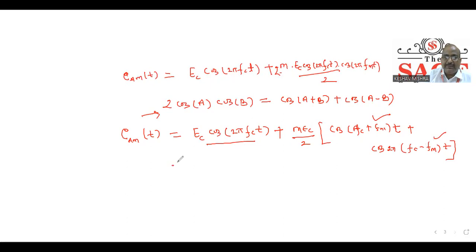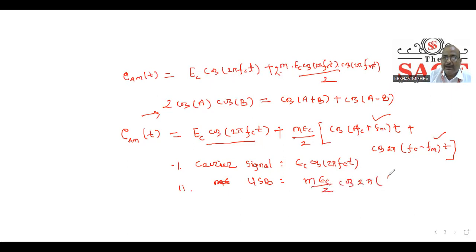The upper sideband is m Ec by 2 cos 2 pi (fc plus fm) t, and the third component, the lower sideband, is m Ec by 2 cos 2 pi (fc minus fm) t.